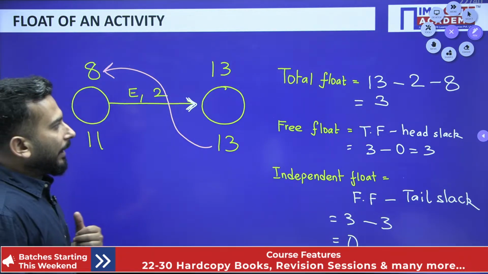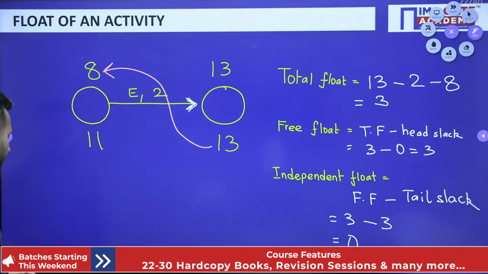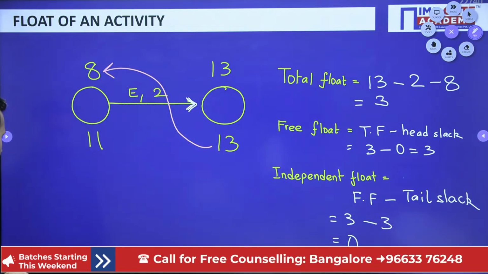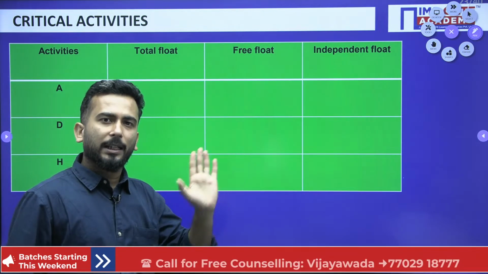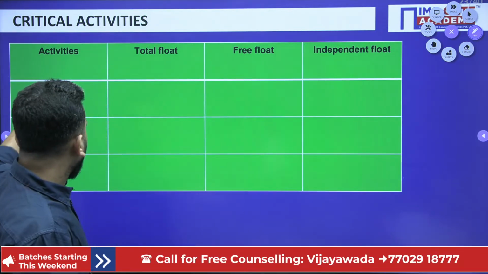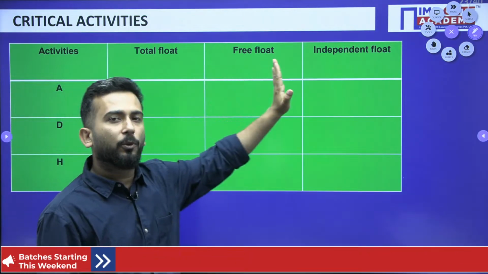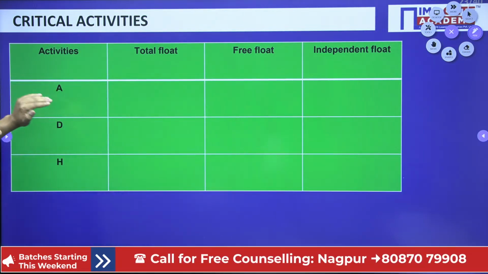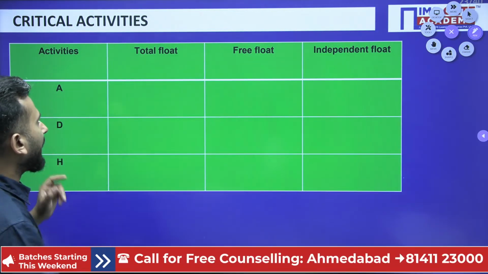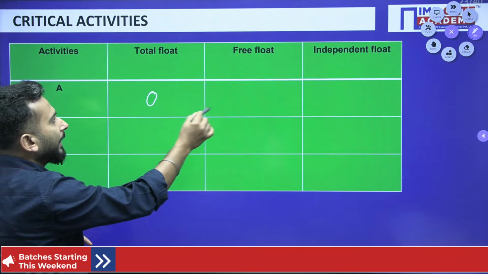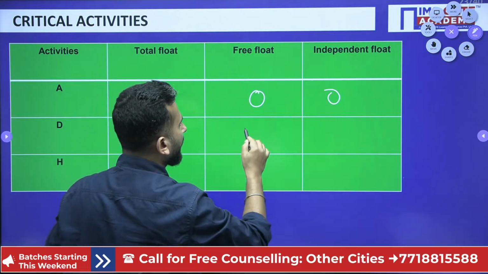Fine. Now my dear friends, like this we will be calculating the floats of every activity. Now you have the diagram with you. If you calculate the total float, free float, independent float for ADH, why am I writing ADH? There is a particular reason. For ADH, you will find that everywhere you are getting 0.